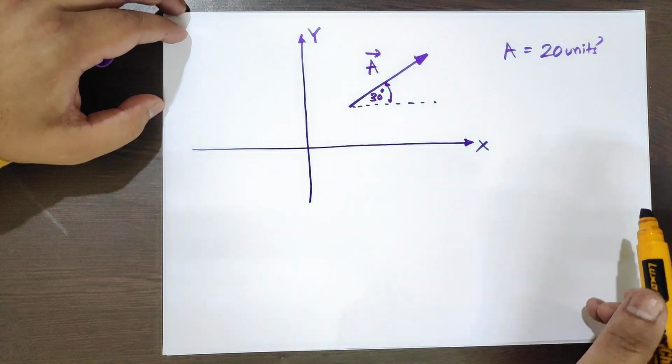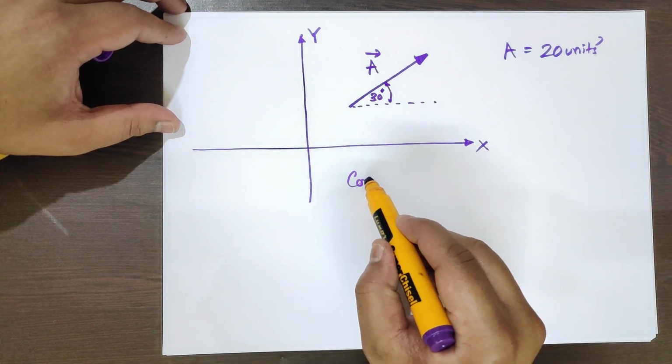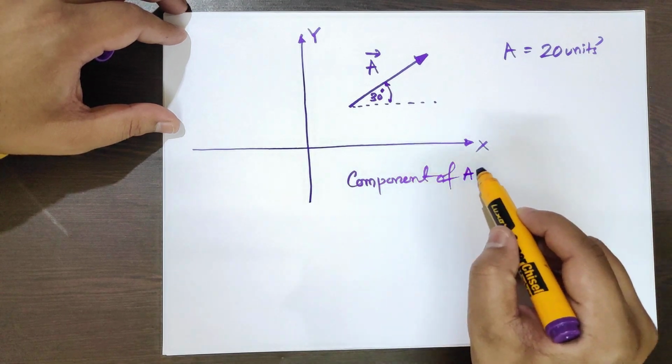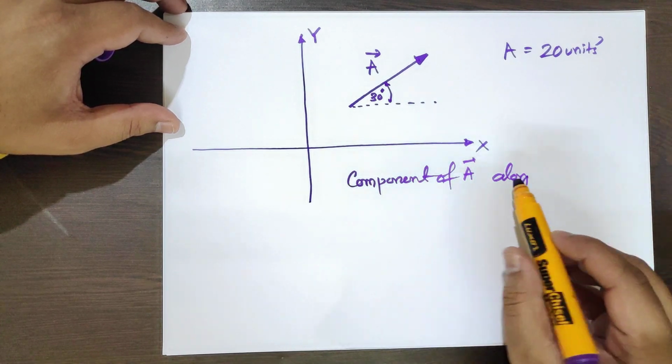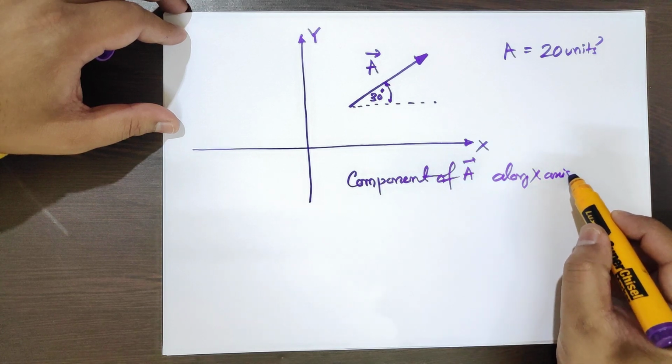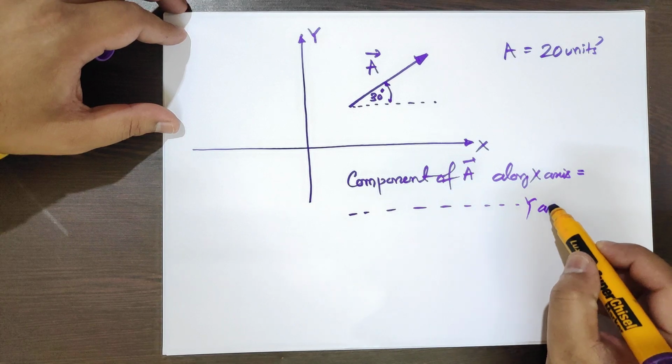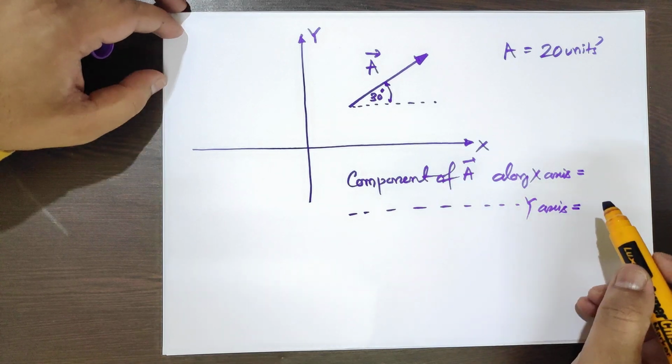Now we'll find the component of vector A along the x axis and the component of A along the y axis.